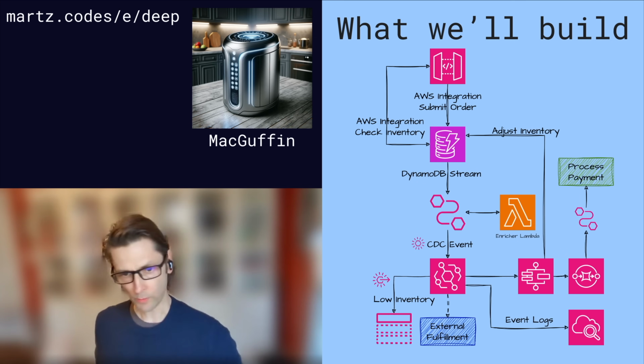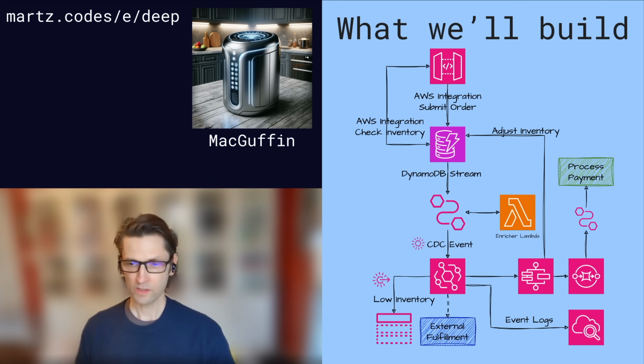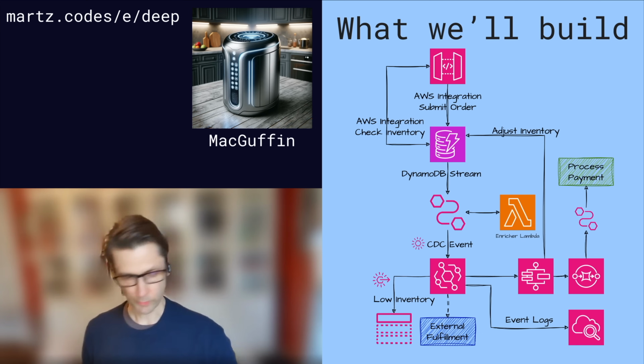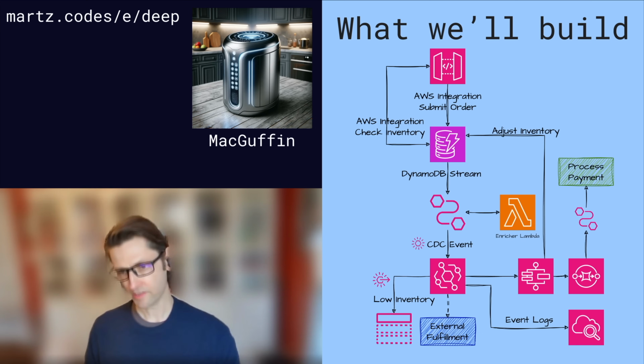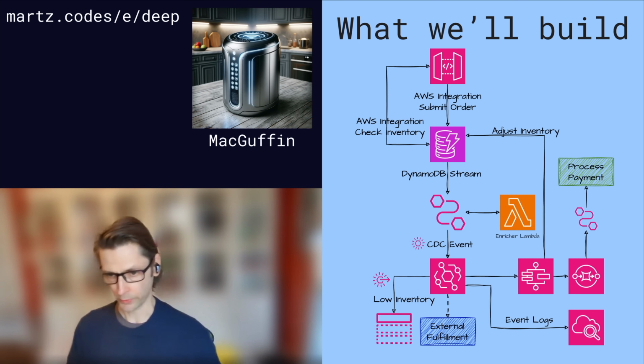So let's look ahead at what we're going to be building by the end of this course. What we want to do is take our tightly coupled, entirely REST-based microservice and change it into an event-driven architecture where things are eventually consistent and have a single responsibility per component.